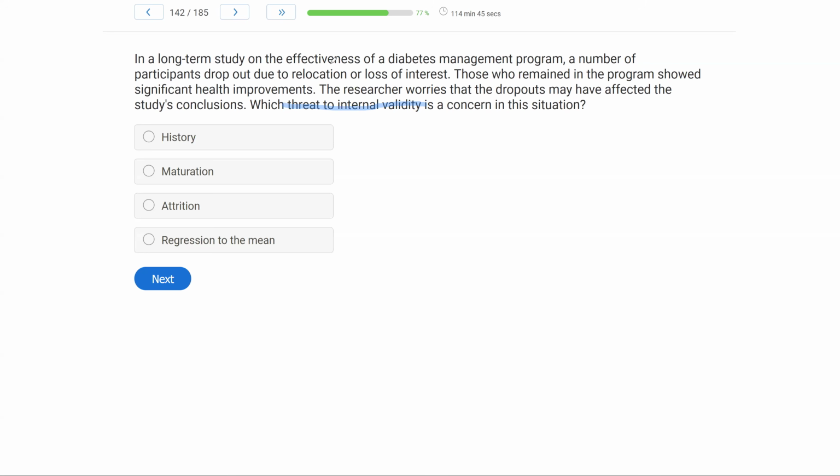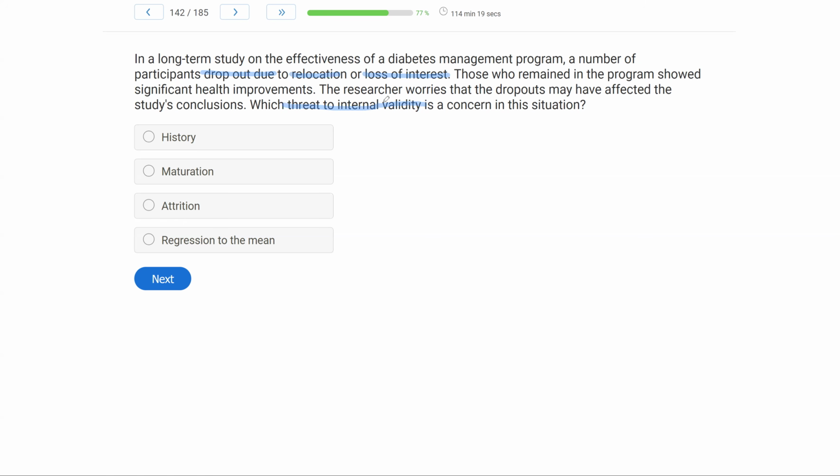Well, a number of participants are dropping out of the study because of relocation or loss of interest. If we have a lot of dropouts, the participants who remained might just be a confound, because they might have stayed in because they were seeing progress when the other participants weren't. That has the potential to make the data questionable.